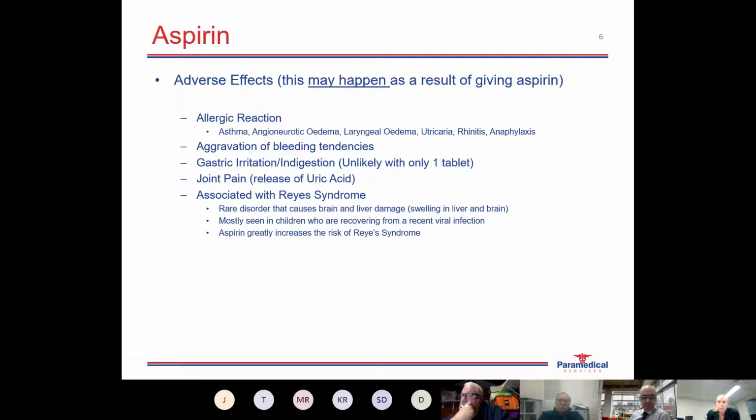Now, they're not 100% sure of the link, but they do know that aspirin greatly increases the risk of Reye's syndrome, especially in children. And when we look at the contraindications, one of those contraindications will be around age, and we can draw it back to this adverse effect. So quite important that we aren't giving it to children under a certain age because of Reye's syndrome.